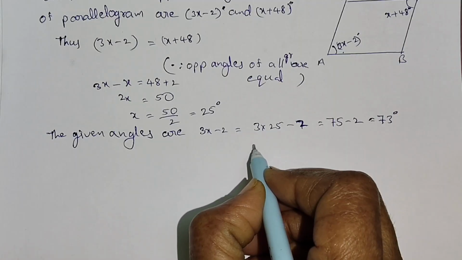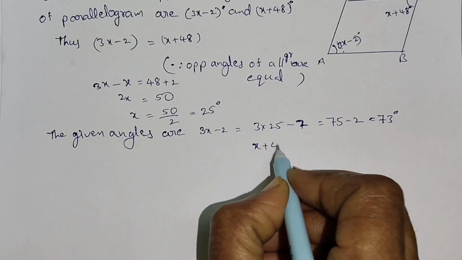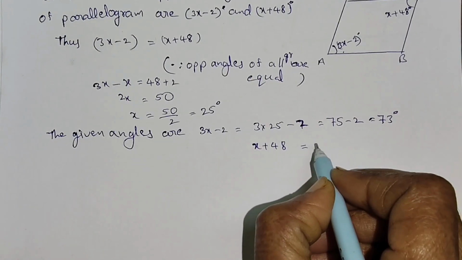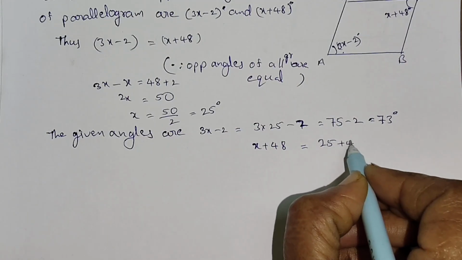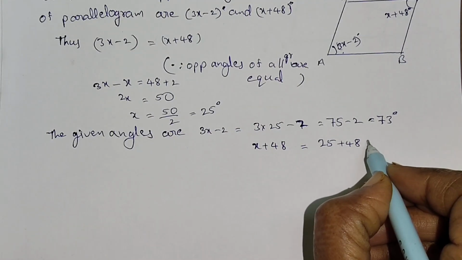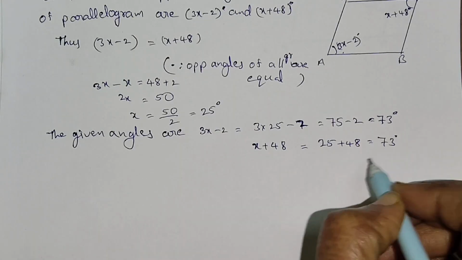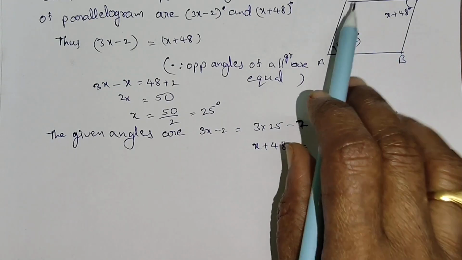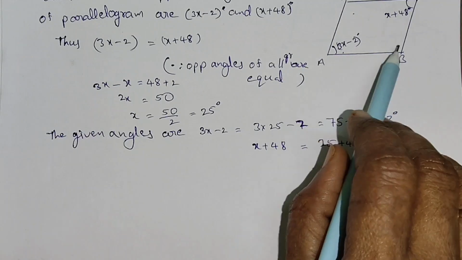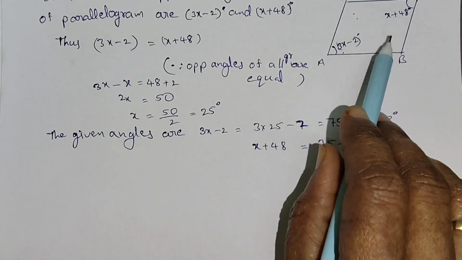Next, the second one is x plus 48, which means 25 plus 48, equal to 73 degrees. So these two are equal, opposite angles are equal.